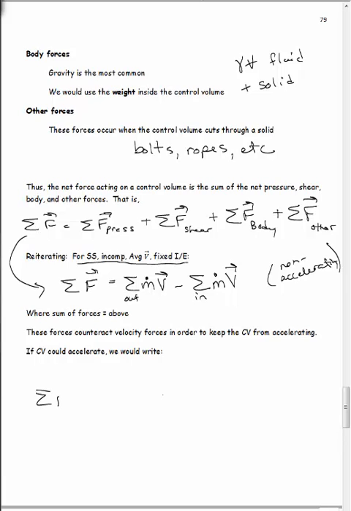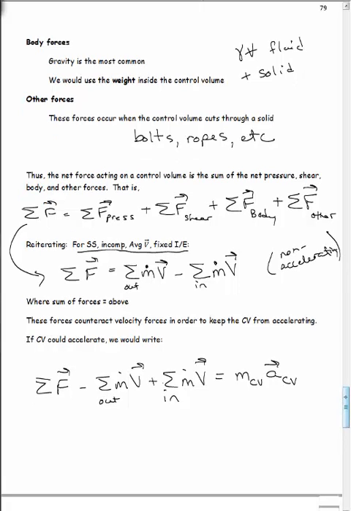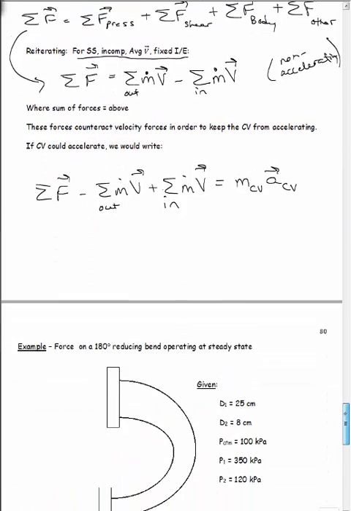So you'd have the sum of the forces minus sum of m dot v out plus the sum of the m dot v in equals the mass of your control volume times the acceleration of your control volume. All right. Won't use that much, but it's certainly possible we could end up using that.